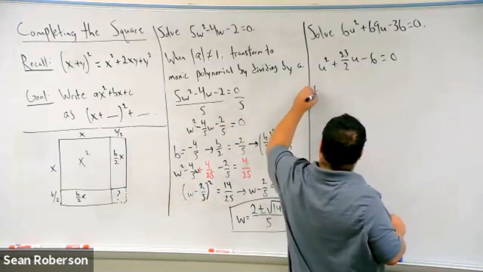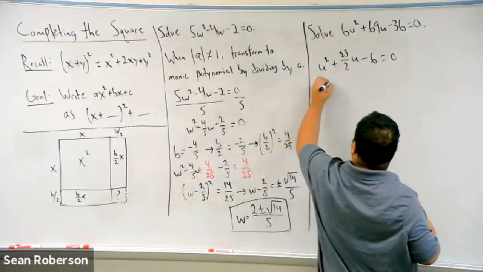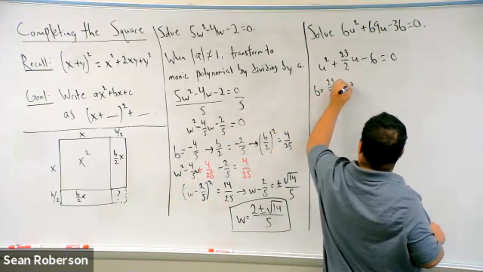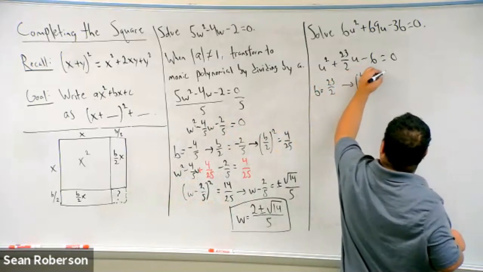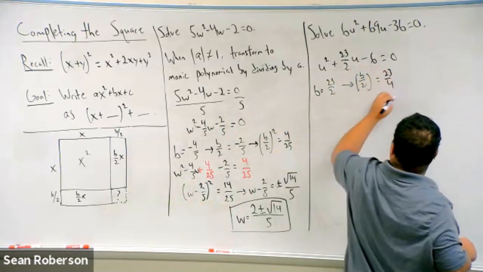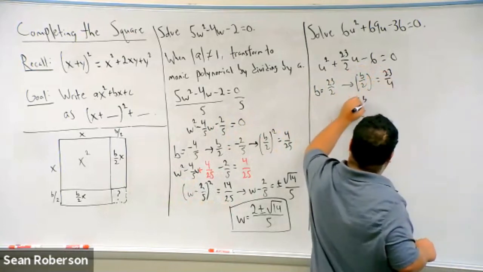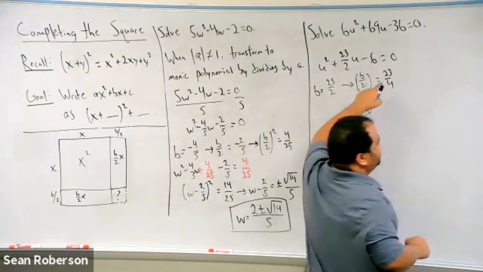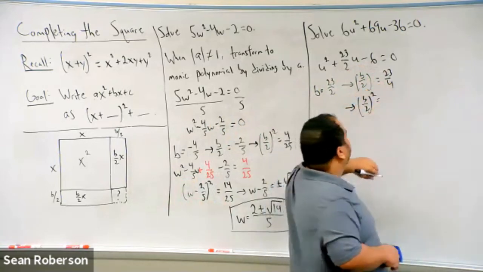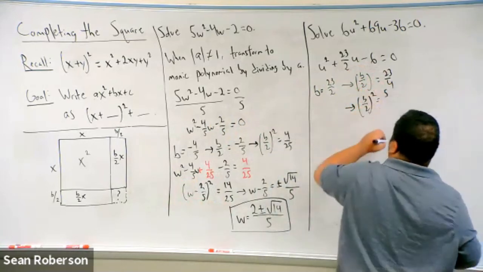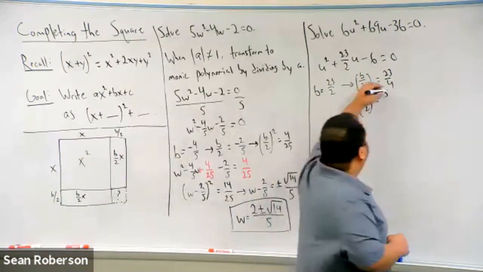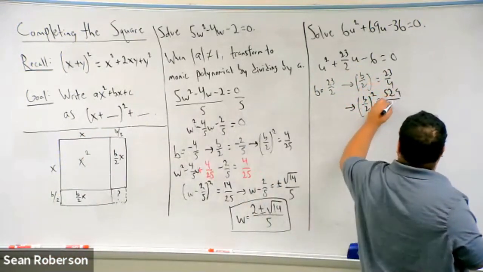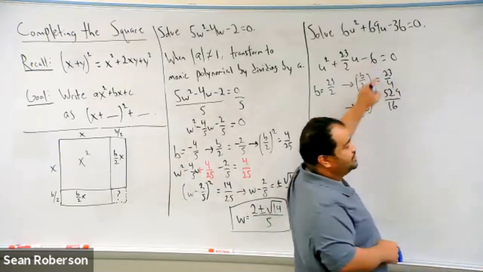We notice that b, the linear term, is 23 over 2. If we take half of that, that's going to be 23 over 4, and squaring, if I square 23 over 4, I end up getting 529 over 16, and that's what we're going to add to both sides of this equation.